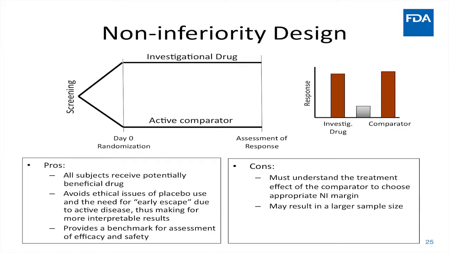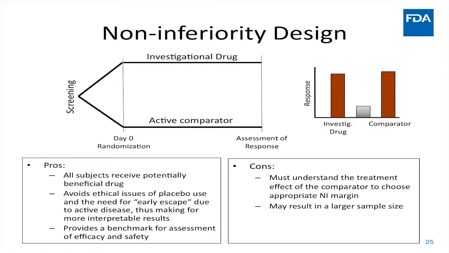One non-inferiority design, which is also a possibility, implies that we have a pretty good estimate of the effect size of the comparator product, which is usually an approved product, and then we compare the effect of the investigational drug to that product.